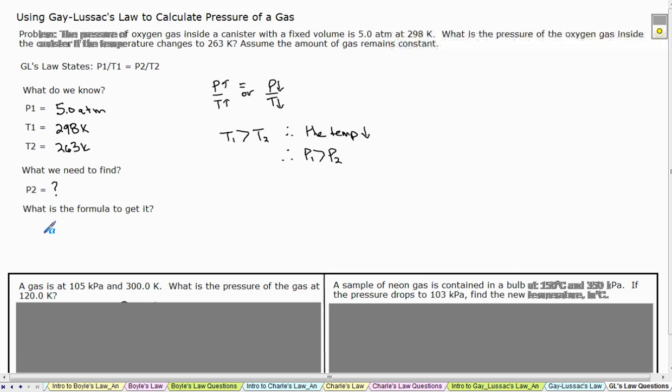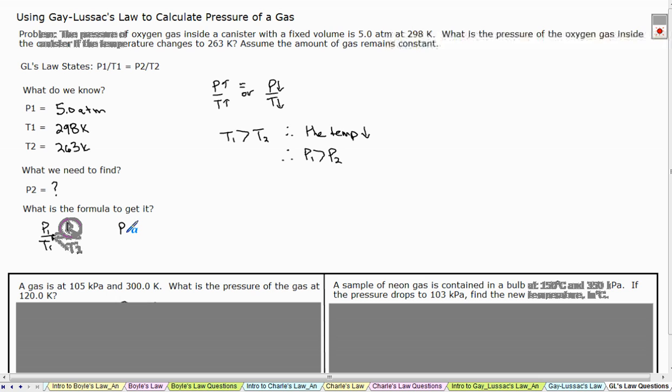So of course the initial formula is P1 over T1 is equal to P2 over T2. Now what we're looking for here is P2. This is our variable we want to solve for. So what I'm going to do is cross multiply the T2 up.